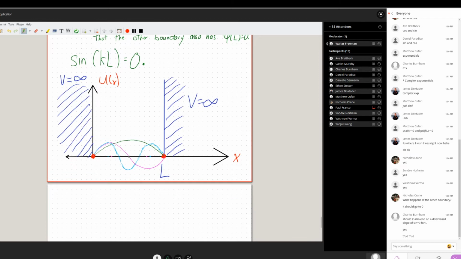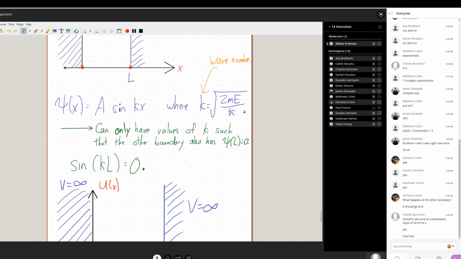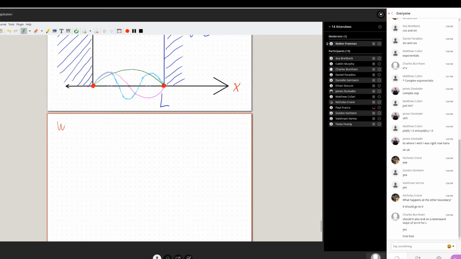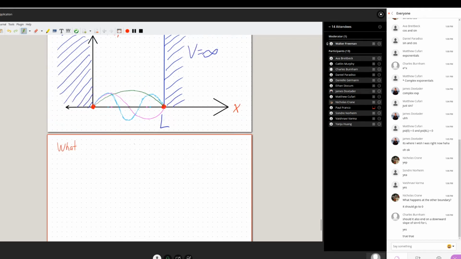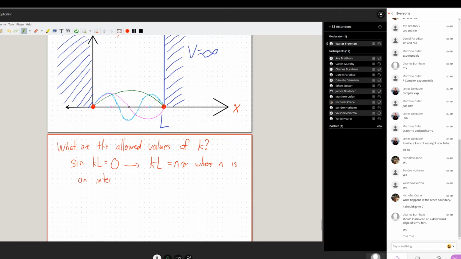So let's figure out what k is. If sine kL equals 0, that means kL equals n pi, where n is an integer.